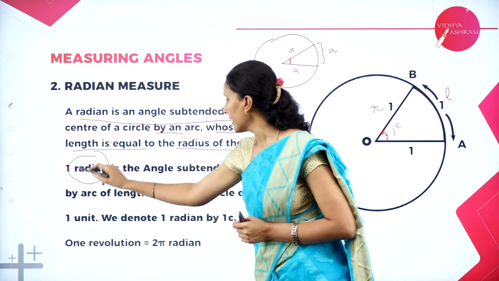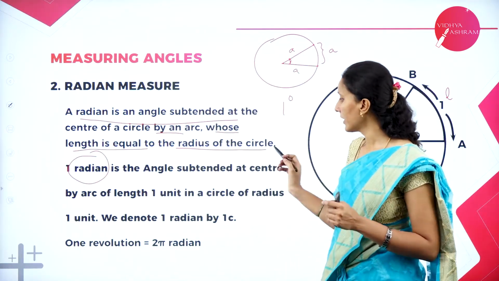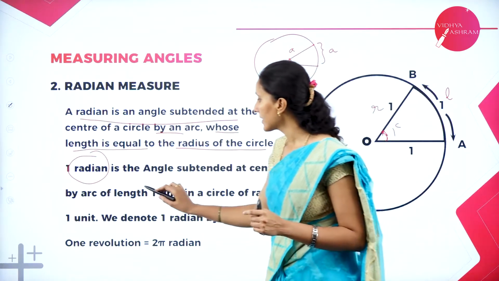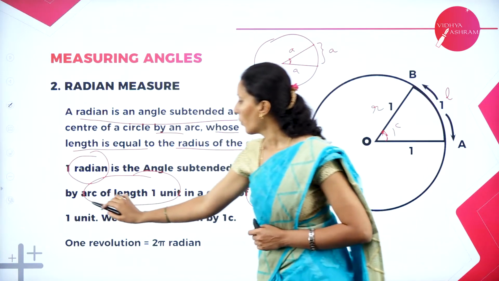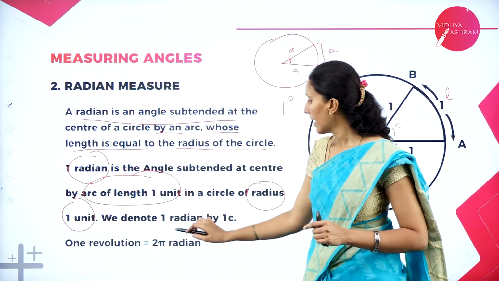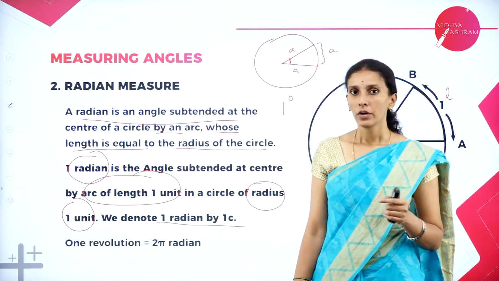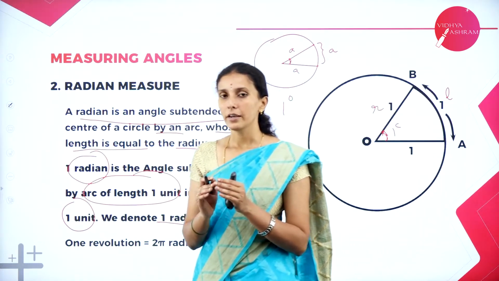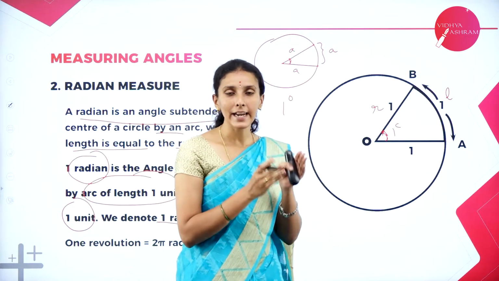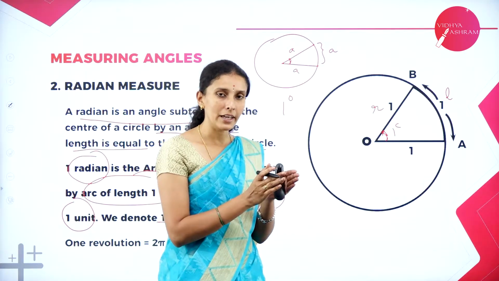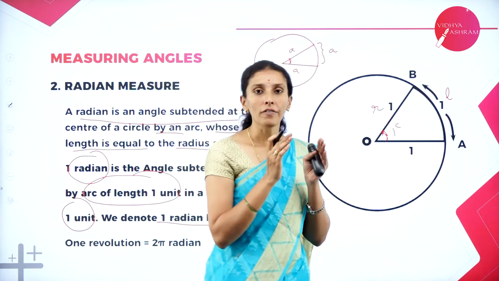So 1 radian is an angle subtended inside the circle where it has an arc length of 1 unit and radius of 1 unit. Therefore, 1 radian means an angle subtended inside the circle of 1 radius with 1 unit of arc length.